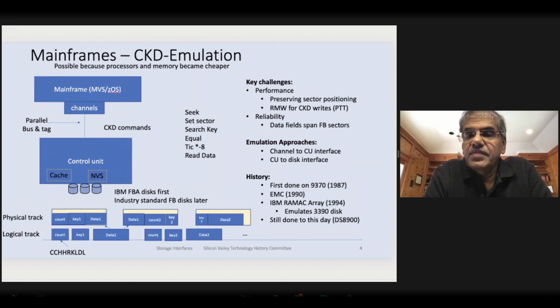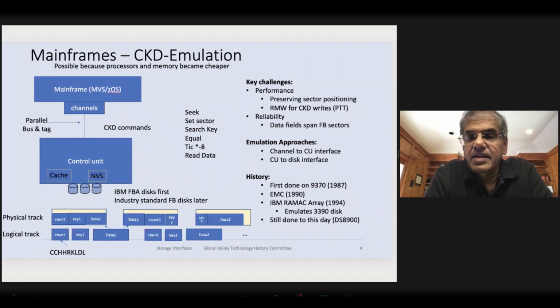So, history here: the first CKD emulation was done on what was called the baby mainframe in those days, the 9370. It was done in 1987, and I was personally involved in doing that. The EMC approach, which Tom alluded to, came a few years later in 1990.